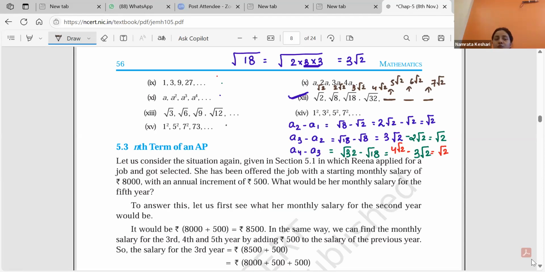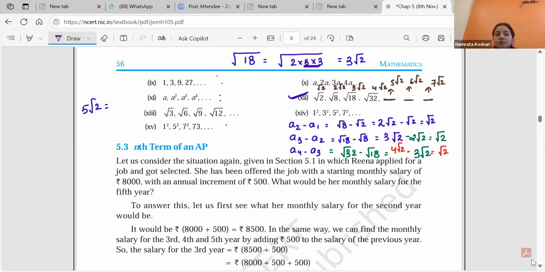To write the answer, if we write 5 root 2, that is correct. But if this question is there in an MCQ, then your answer may not match. So you have to write it again in the same manner. 5 root 2 means what?